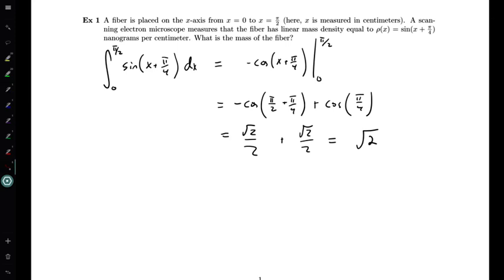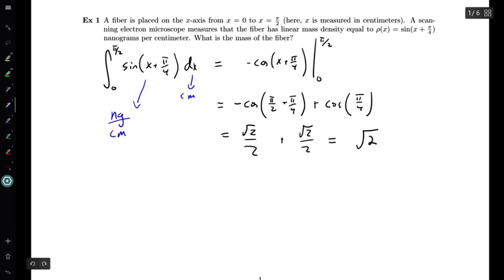The units of x, we're told, are centimeters. We also know that rho of x has units nanograms per centimeter. So that means that the sine of x plus pi over 4 has units nanograms per centimeter.